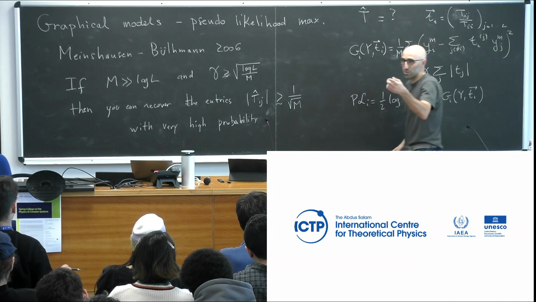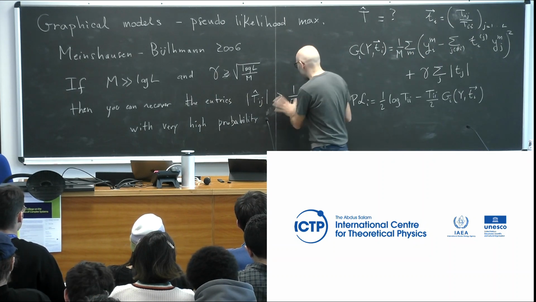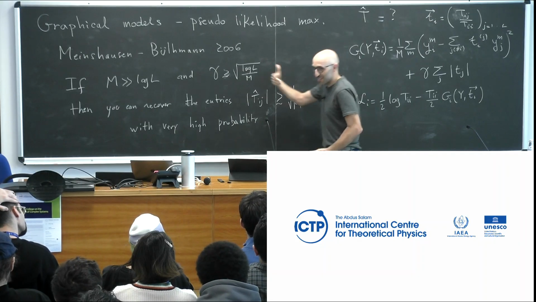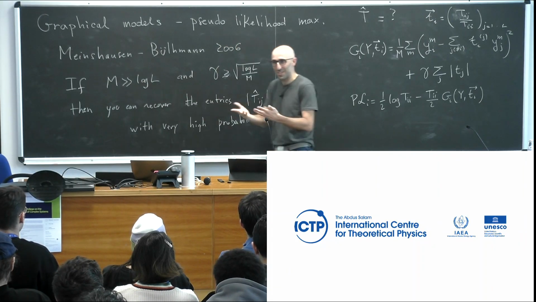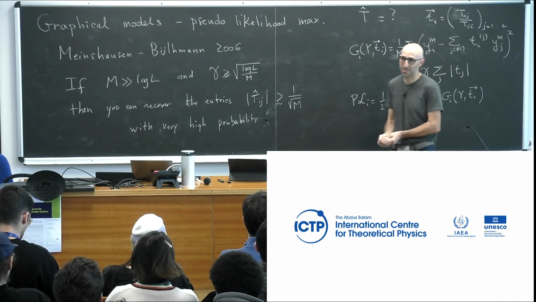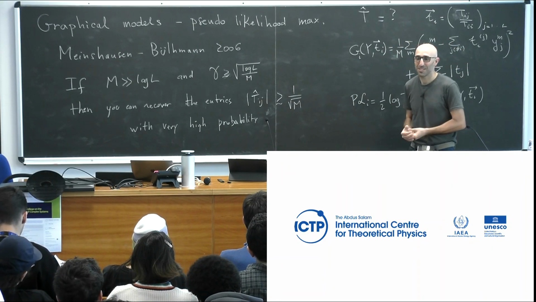So the signal should be bigger than 1 over square root of m, and the data should be enough, and then you are fine, okay? You can recover your interactions, okay?